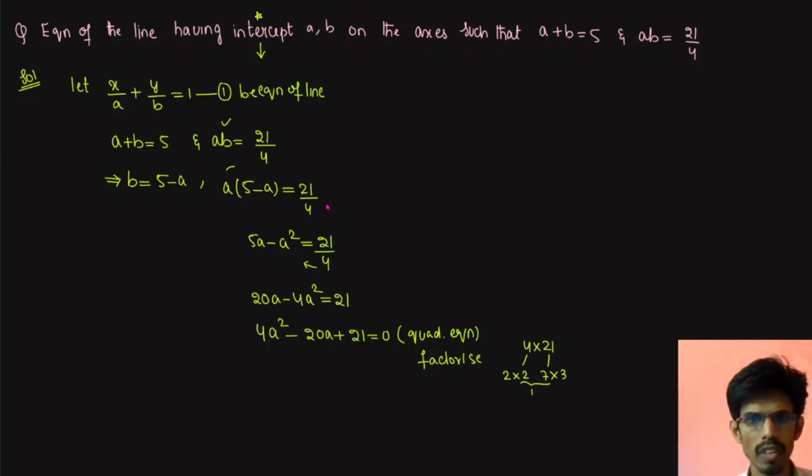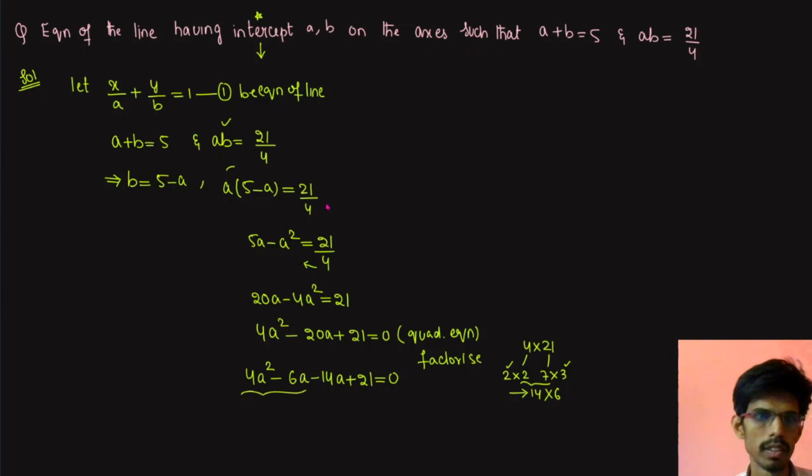So 2 sevens are 14, 2 threes are 6. So I am taking the factors 14 and 6 because 14 plus 6 will give us 20. So this will become 4a square minus 6a minus 14a plus 21 is equal to 0.